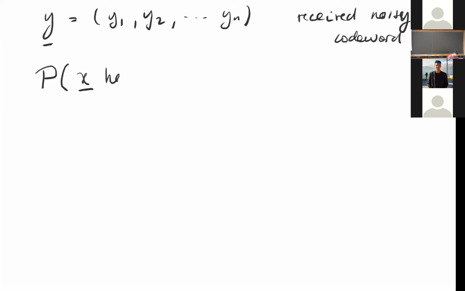Let's say that X has been transmitted, given, you remember, this is the conditioning operation, given that Y has been received.